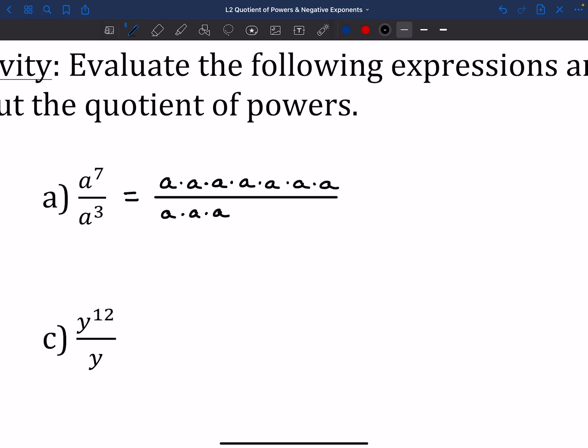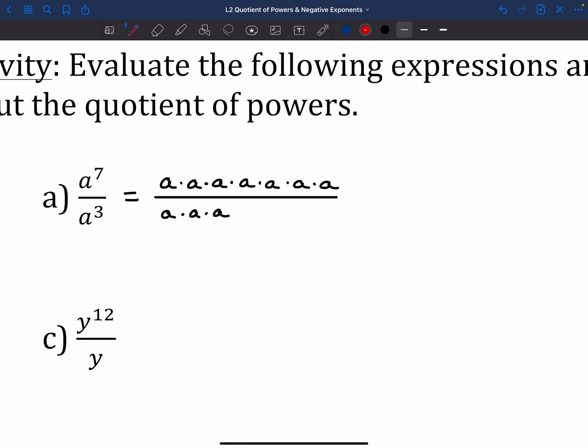You might notice that I kind of smooshed that over to the side a little bit. The reason why is because when we have the same thing on the top and bottom of a fraction, you don't need to write this part down, but say I had 2x over 2y. If I have a 2 on the top and the bottom, we can think of them as canceling each other out. When we're dealing with exponents and variables, we can think of it the same way.